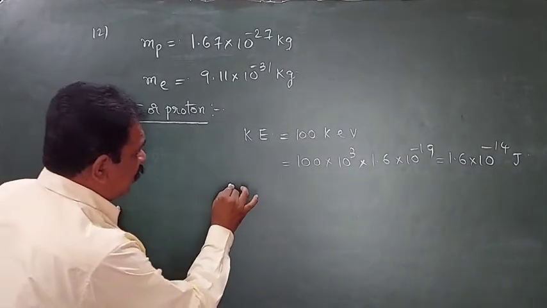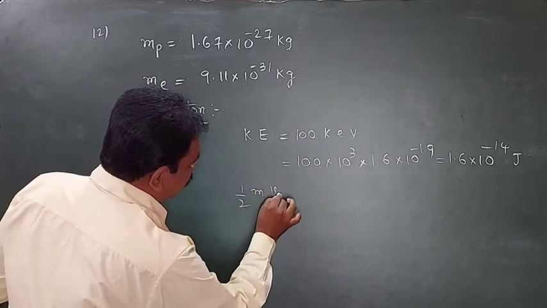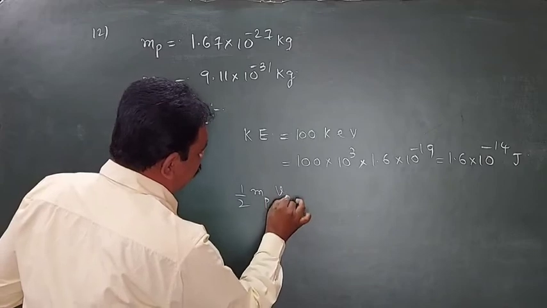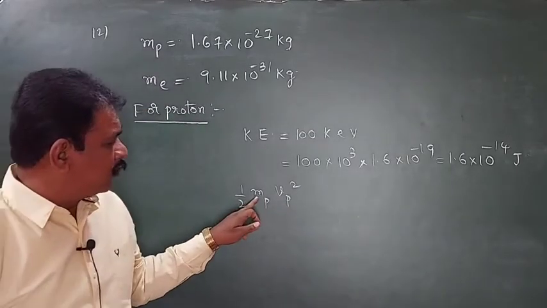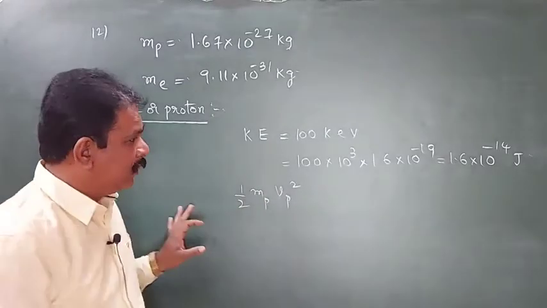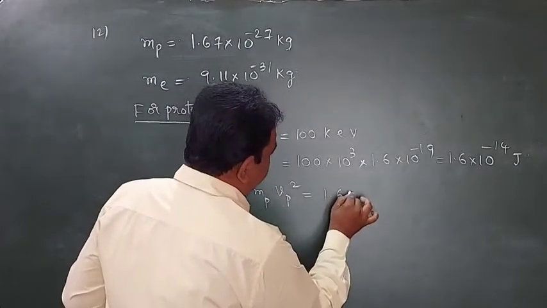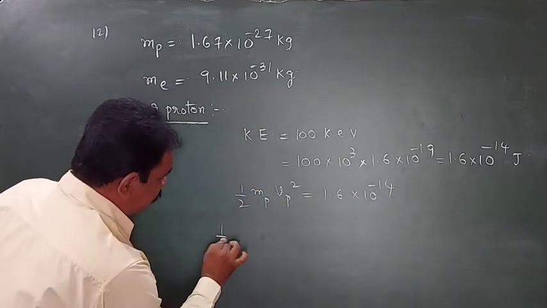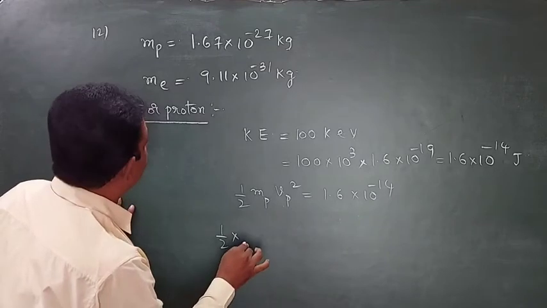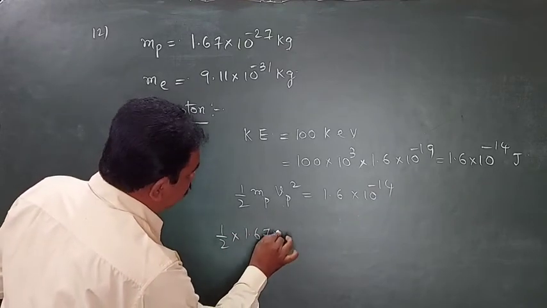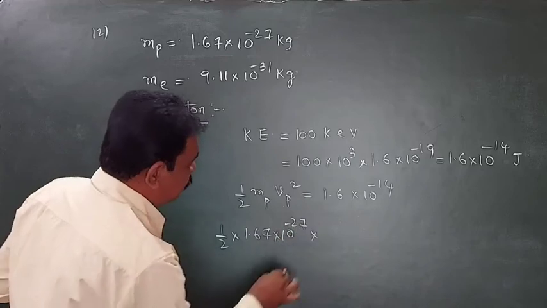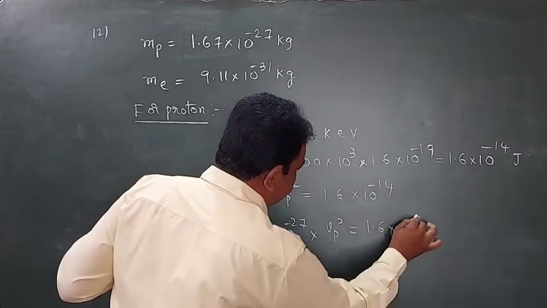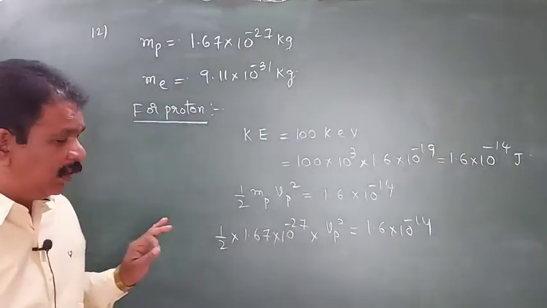So half m v square, like that we will write. For the proton, half m_p v_p square is equal to 1.6 into 10 power minus 14. So 1 by 2 into the mass of the proton, 1.67 into 10 power minus 27, into V_p square is equal to 1.6 into 10 power minus 14.